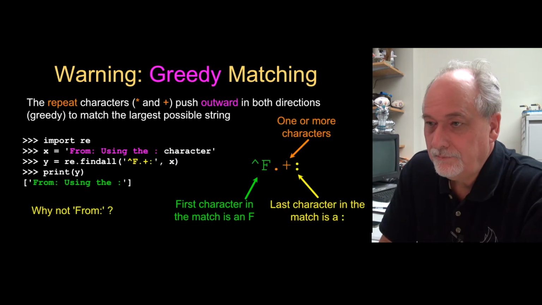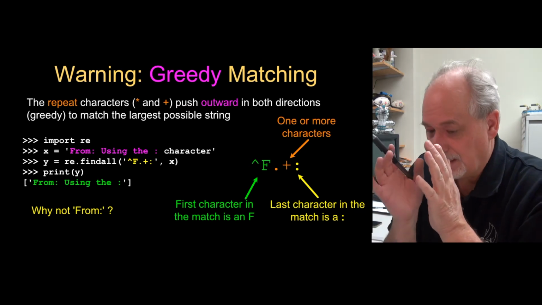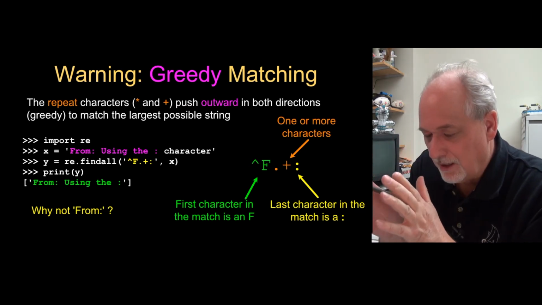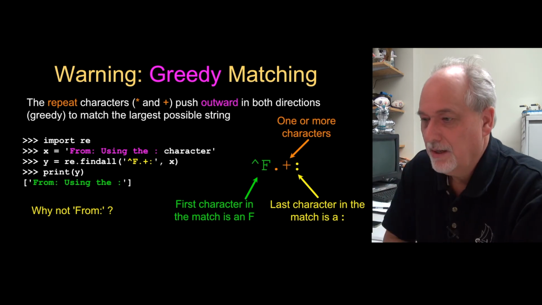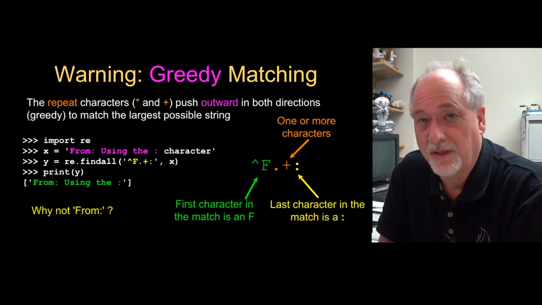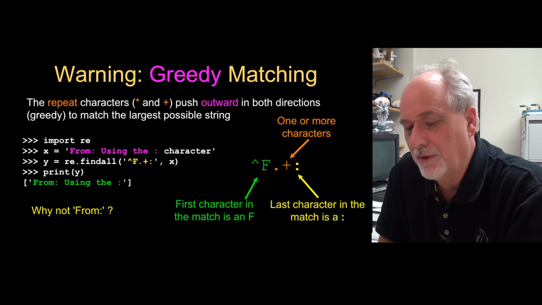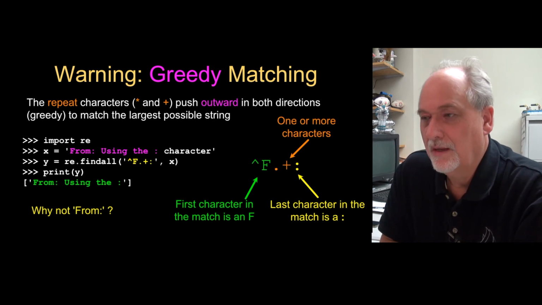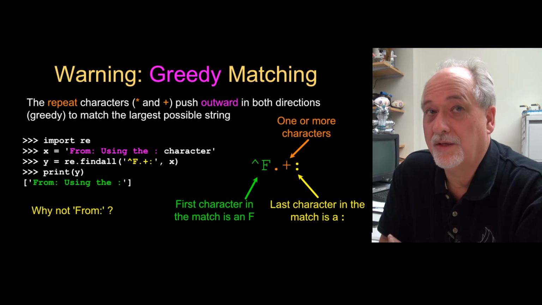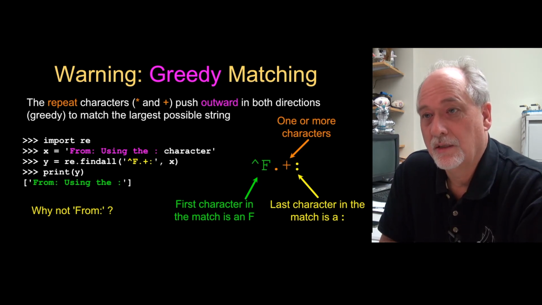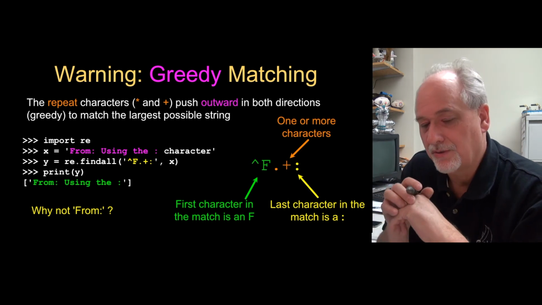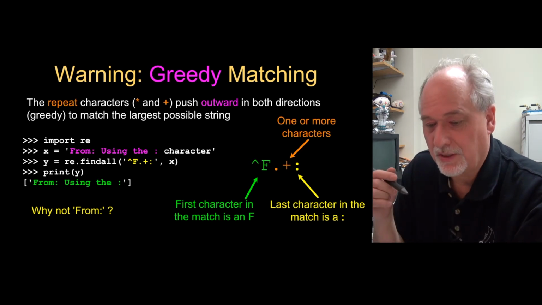Now, the way it works, like I said, is it takes this template and stamps it across the line, across the characters. There's a behavior that might not be intuitive at the very beginning, and that is the notion of what we call greedy matching. When it can match more than one possible overlapping string, it chooses the largest of the overlapping strings. The easiest way to show this is with an example.